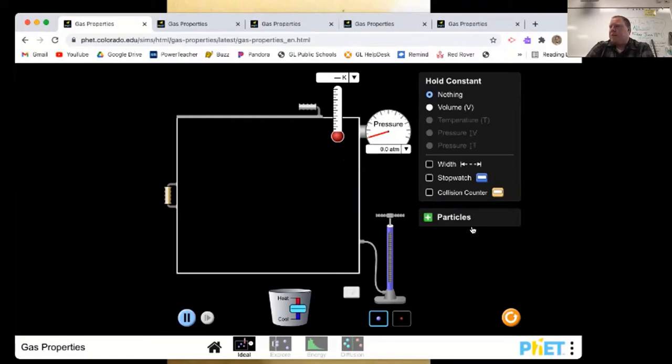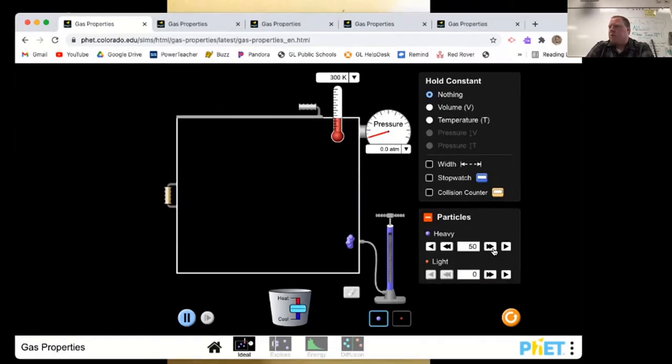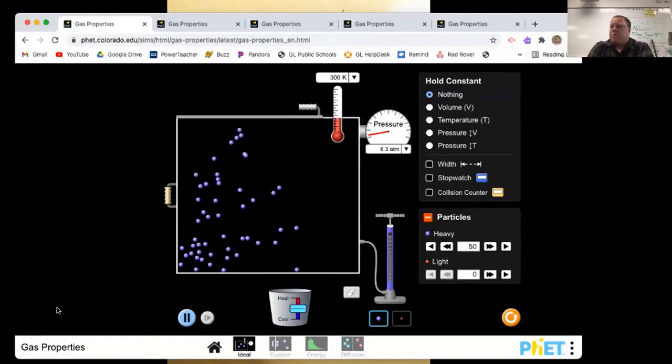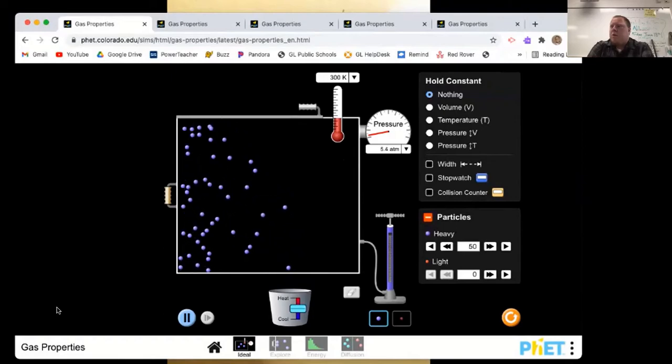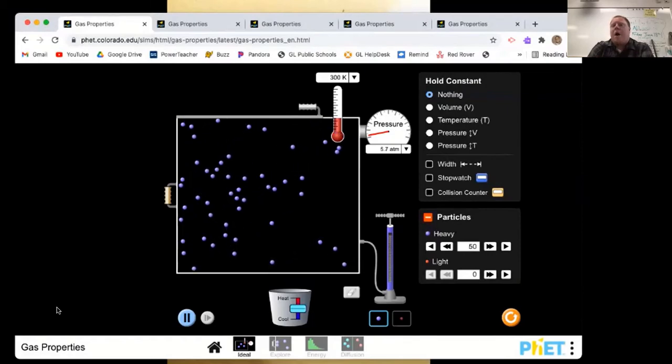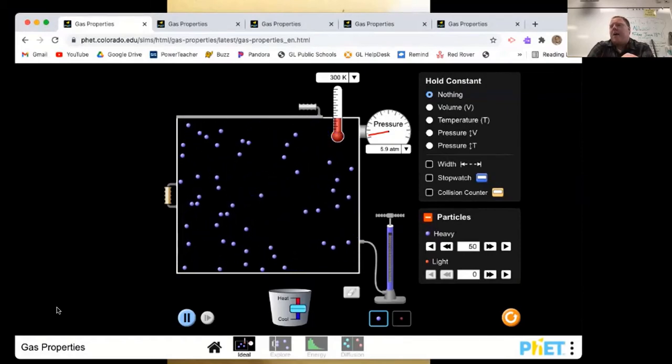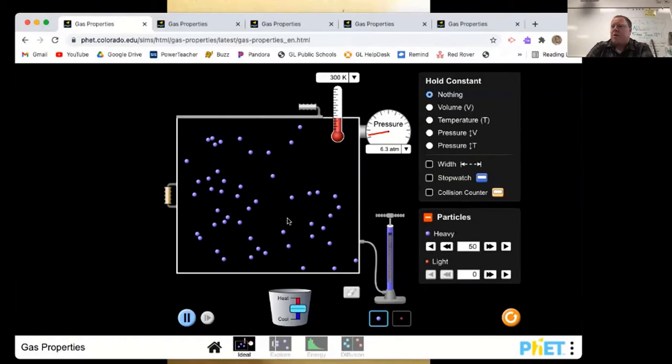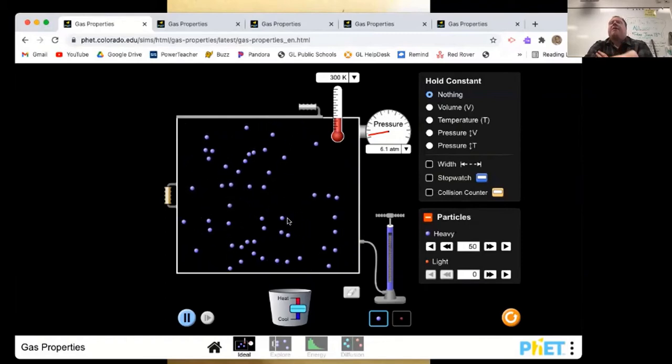I'm going to reset this here. Okay. So I have a question for you. If I were to heat it, the pressure would go up. Can anyone name another way that I can increase the pressure in here besides heating it?